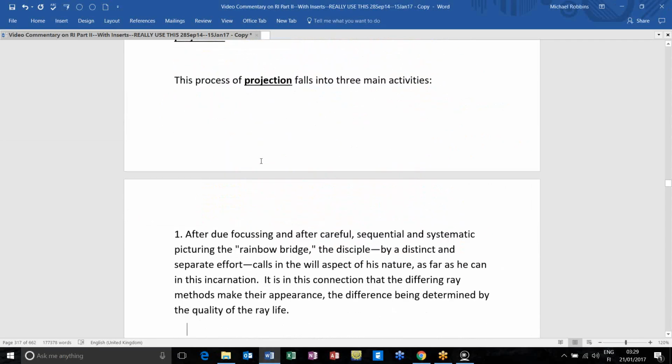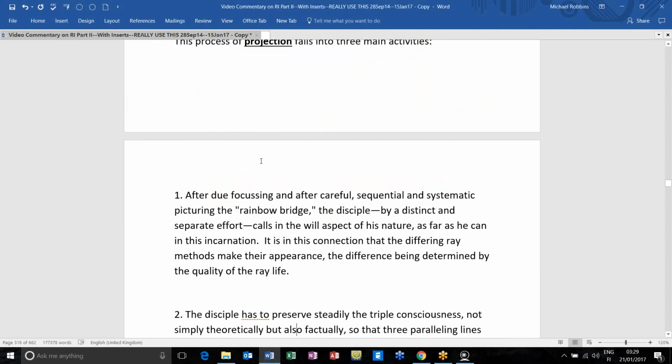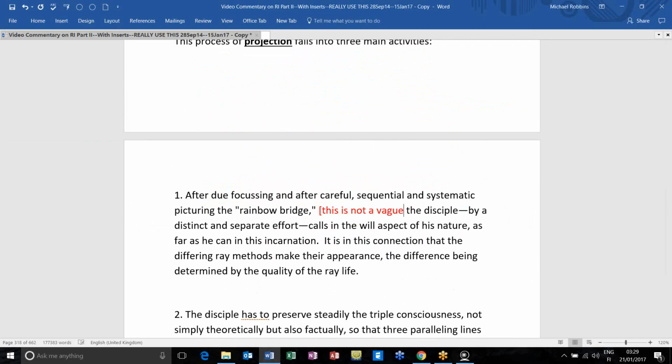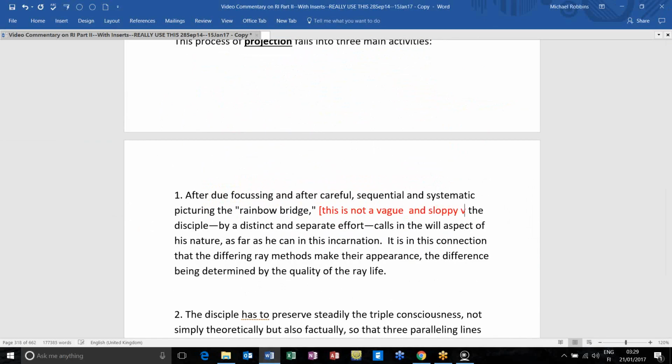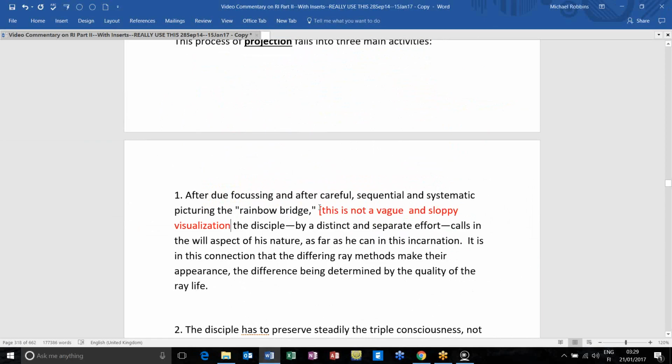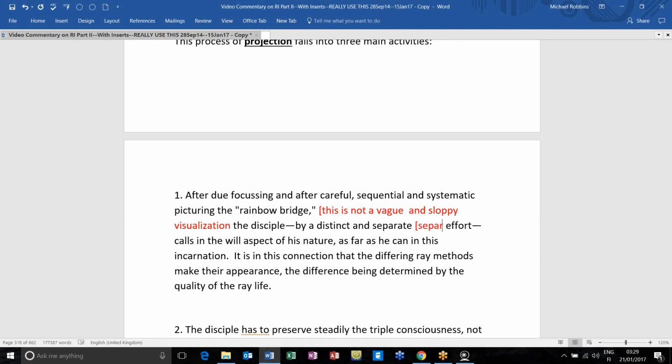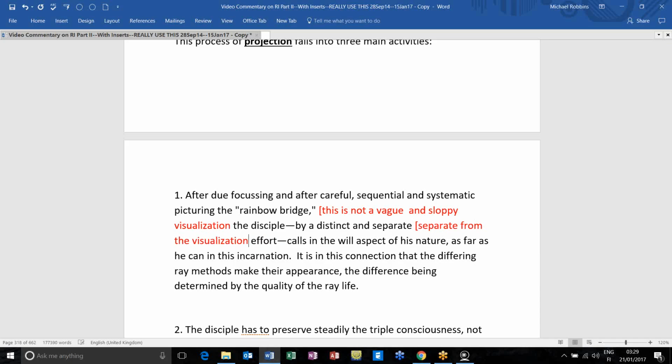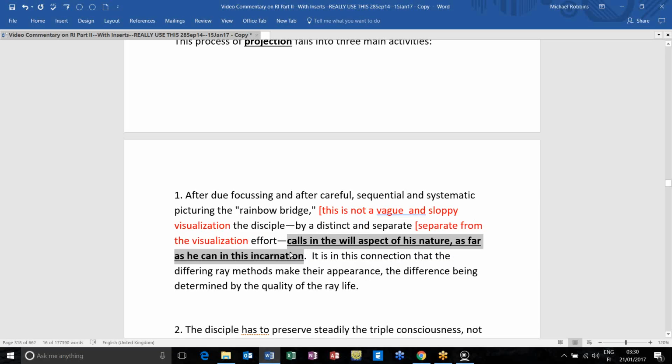Number one, after due focusing and a careful, sequential, and systematic picturing of the rainbow bridge, so let's just say this is not a vague and sloppy visualization, the disciple, by a distinct and separate effort, okay, so this is separate from the visualization, calls in the will aspect of his nature as far as he can in this incarnation.